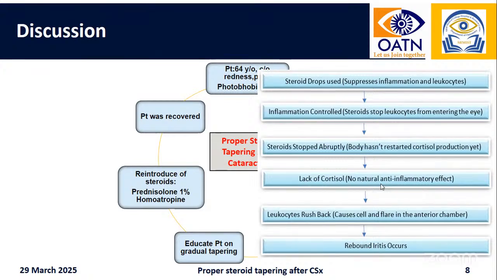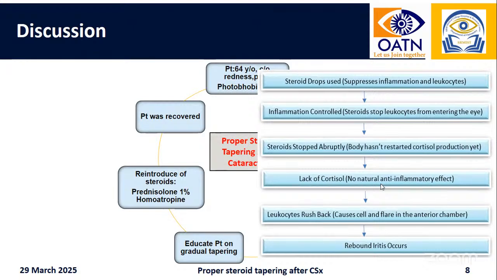What happens if the steroids are stopped abruptly? The artificial steroids are continuously used. When they stop suddenly, our body needs to produce cortisol. The artificial steroid will suppress the natural steroid. That process is known as steroid suppression.